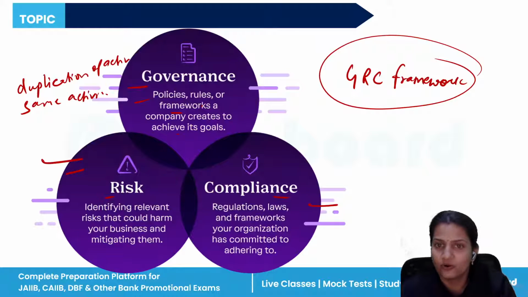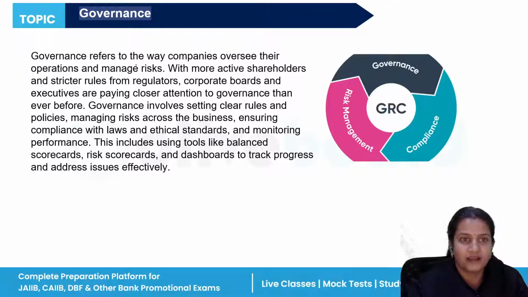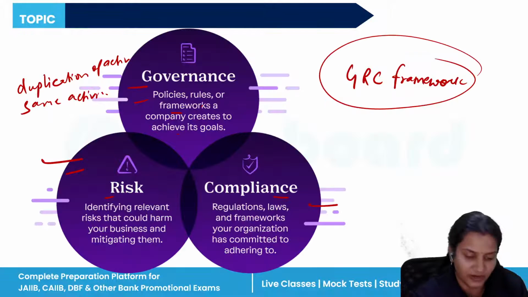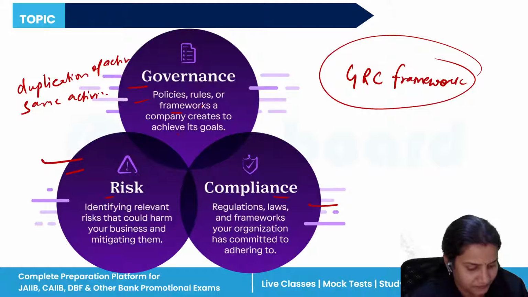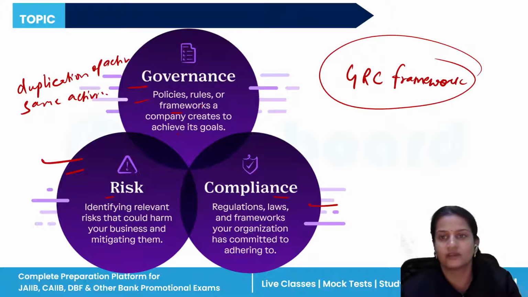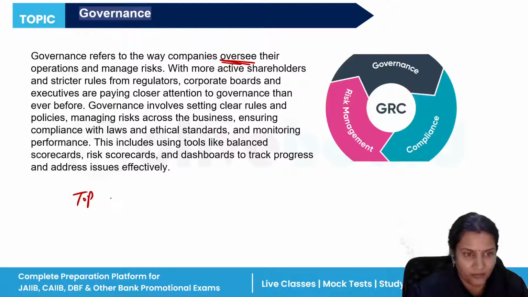The whole module is related to the compliances, regulations, laws, and guidelines that the organization has committed to follow. Governance again refers to the company's oversight. Before that, tell me, any doubt to anyone over here? In governance, an overall reviewing process is done by the top management.